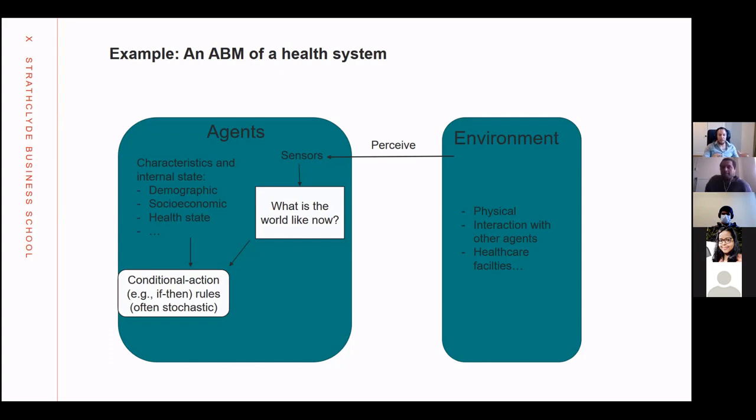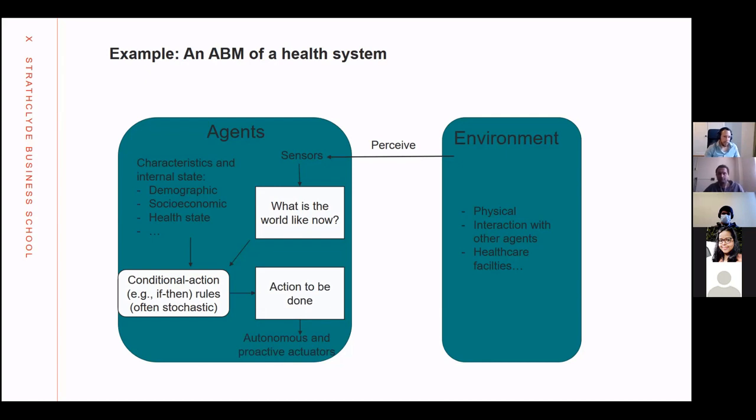And we often model these stochastically. What I mean by that is that the agent might follow that rule with some probability. Now, these can be very simple if-then rules that we define ahead of time, like in the birds model, or they might be rules based off of machine learning algorithms or regression models. We'll see some regression modeling for some examples of these rules from one of the models that I'll be talking about.